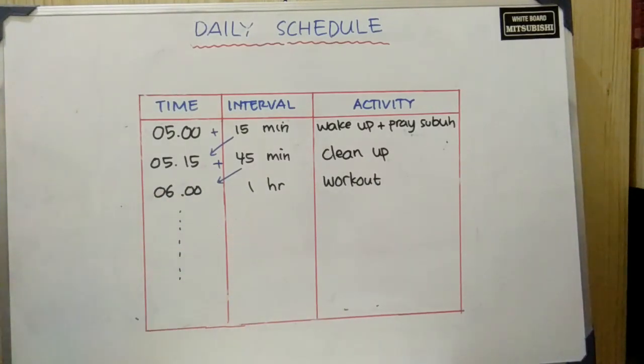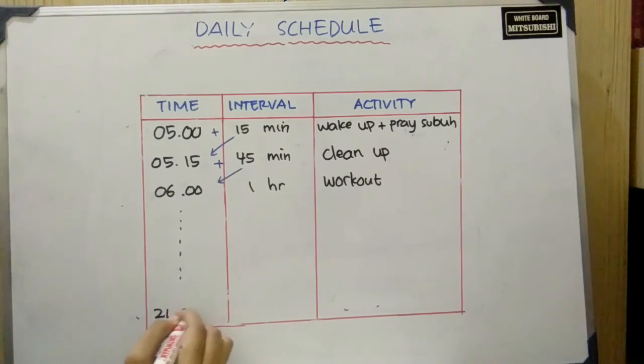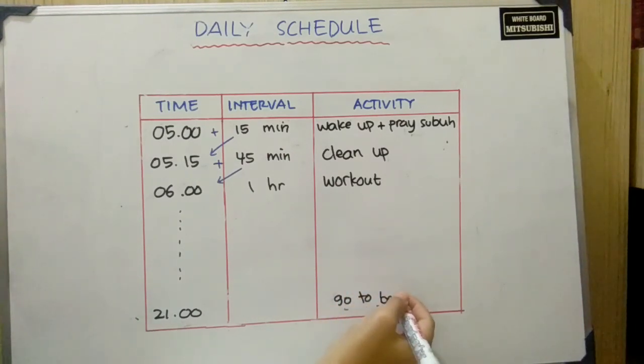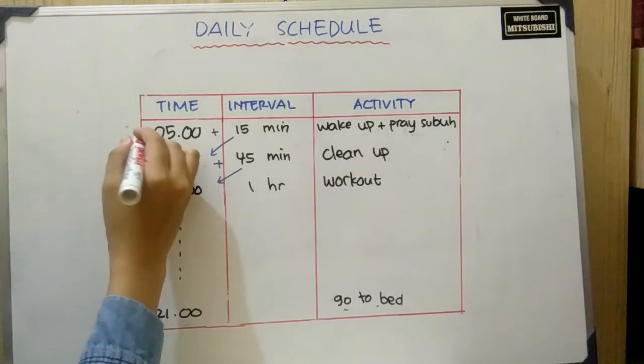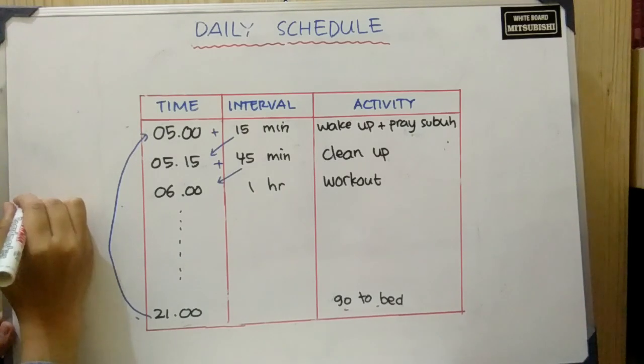Okay, you can continue until the last activity. At 21, we will go to bed. To find the interval of going to bed or sleep, we can calculate from 21 to 5 o'clock. You can do step count or you can do subtraction.